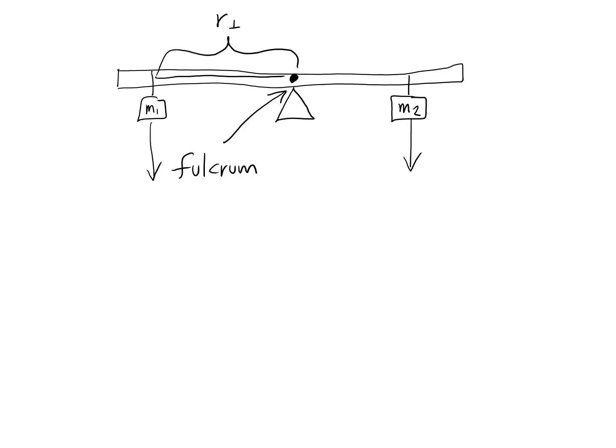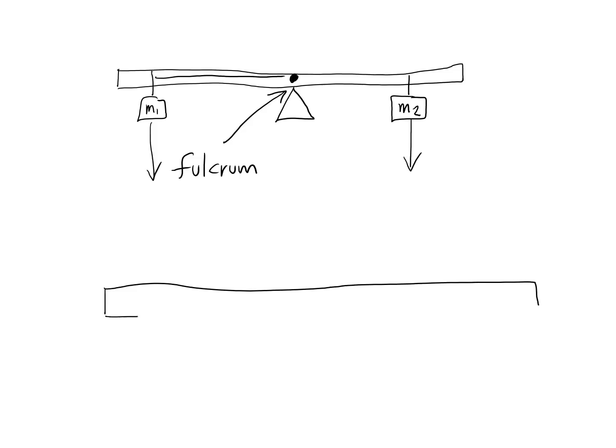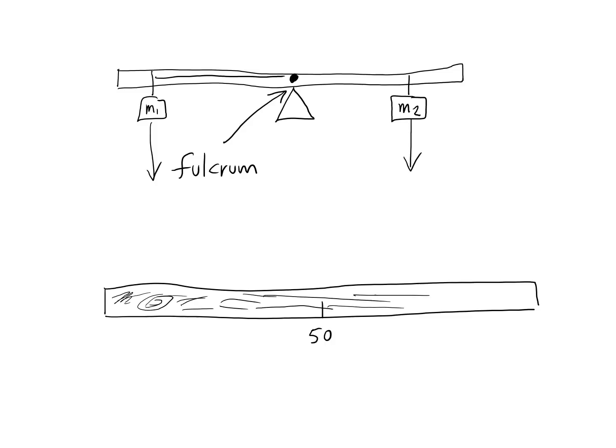You're also going to investigate the center of mass of the meter stick in one part of the experiment. If it were a perfectly uniform meter stick, we would expect the center of mass to be right at about the 50 centimeter point. However, you're going to find with real meter sticks, they may have a little knot in them or something like that, and the grain is a little different in some parts of the meter stick from others.